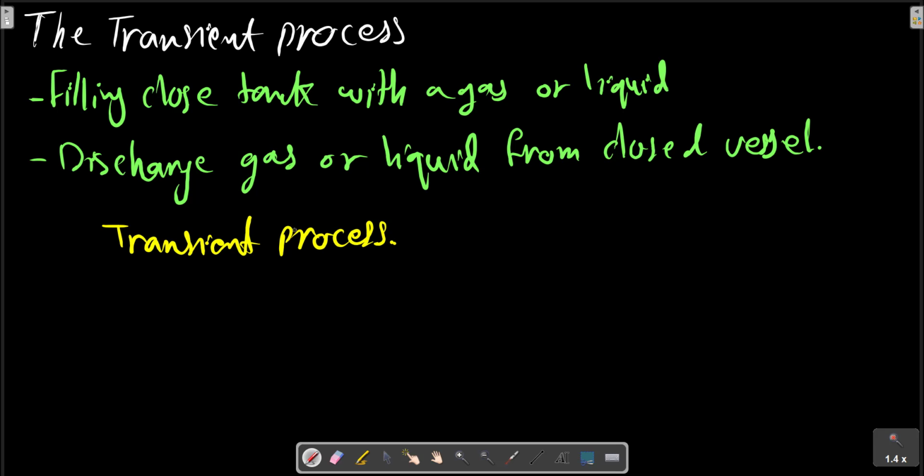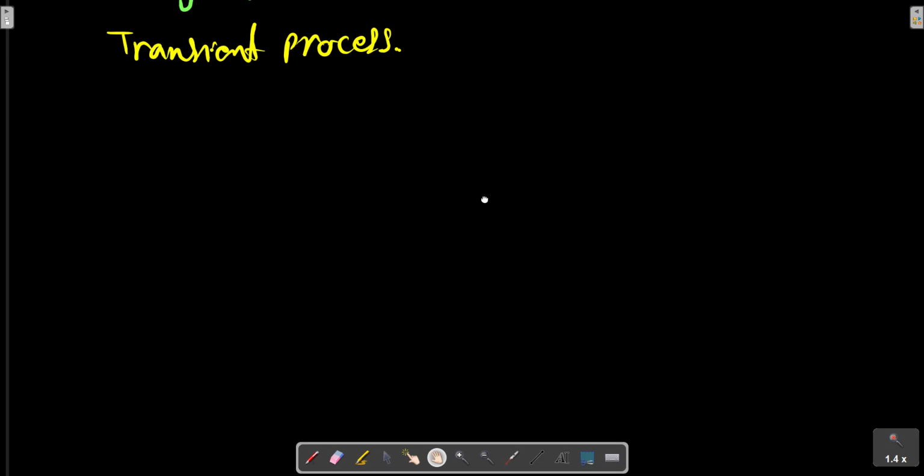For convenience, recognize that our model includes specific assumptions that are not always valid. Our transient model assumptions are as follows.